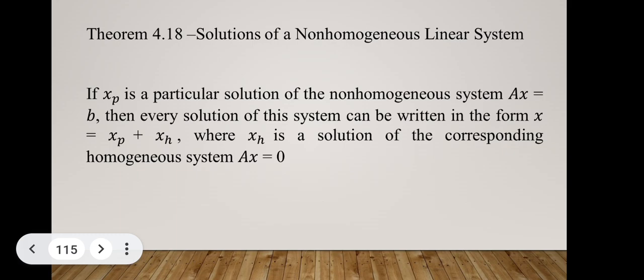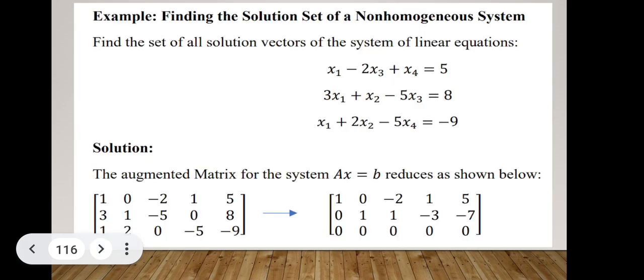If x sub p is a particular solution of the non-homogeneous system Ax = b, then every solution of this system can be written in the form x = x sub p plus x sub h, where x sub h is a solution of the corresponding homogeneous system Ax = 0. So an example is finding the solution set of a non-homogeneous system.